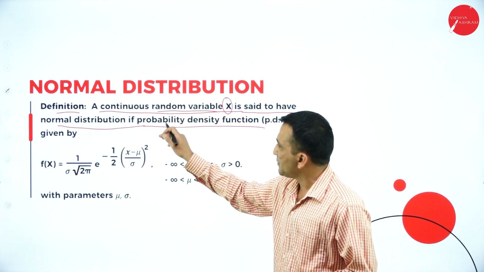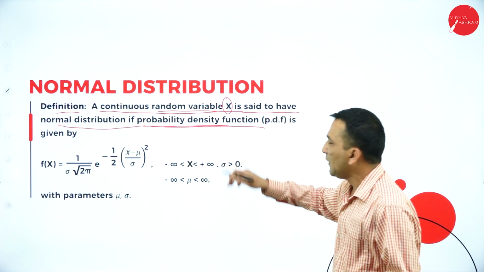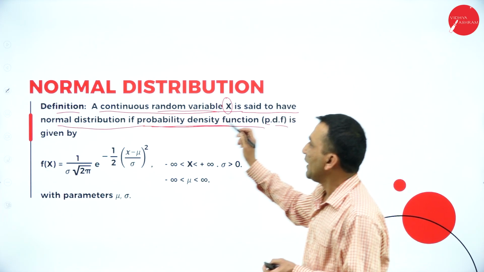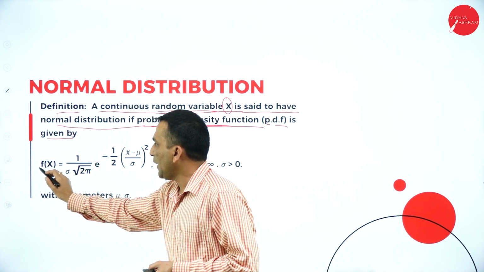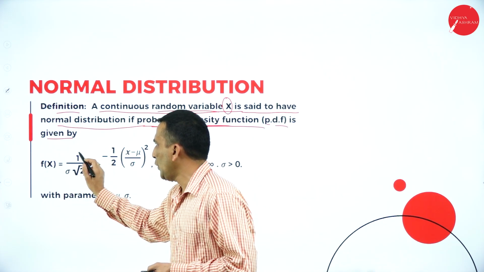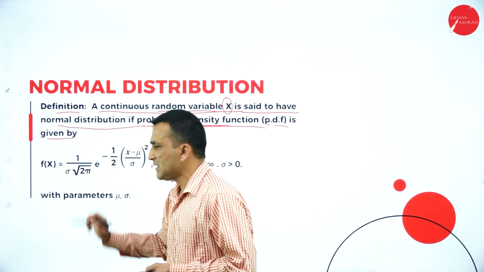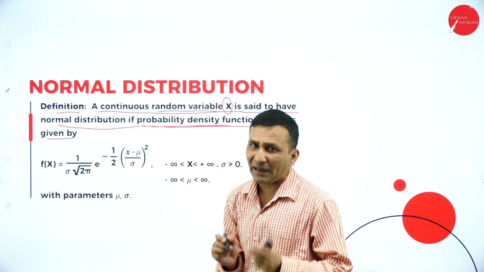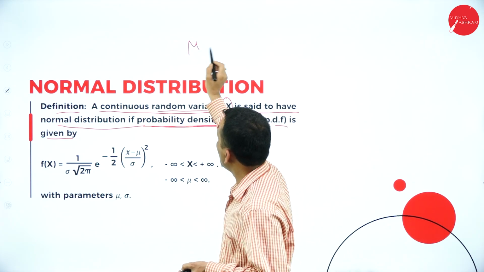The normal distribution always comes under the probability density function, the PDF, which is given by f of x equal to 1 divided by sigma, because under the normal distribution there are two major parameters.